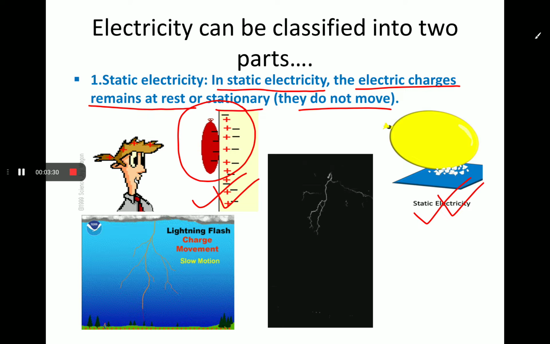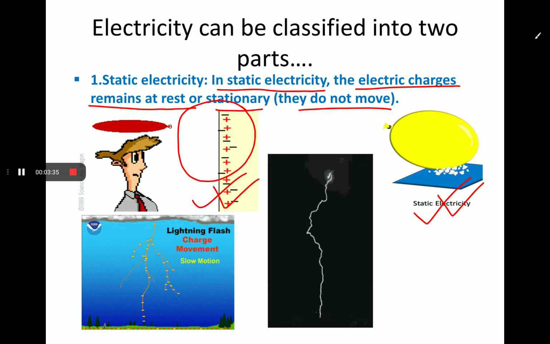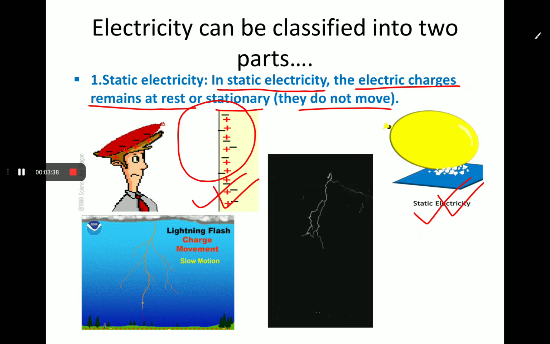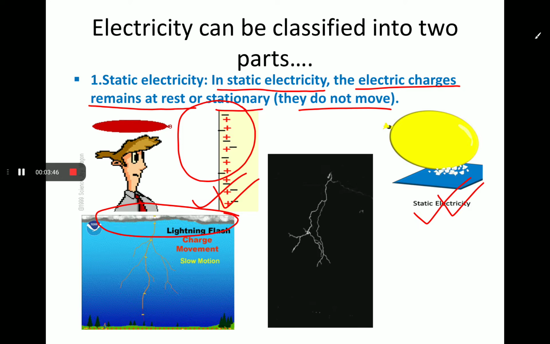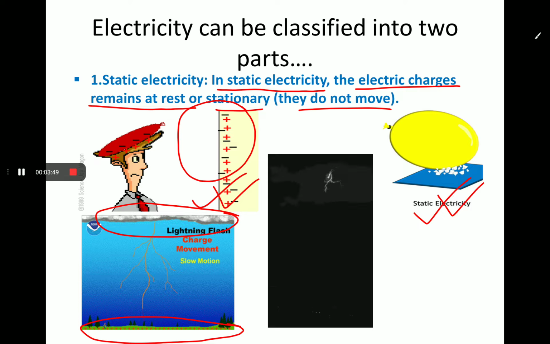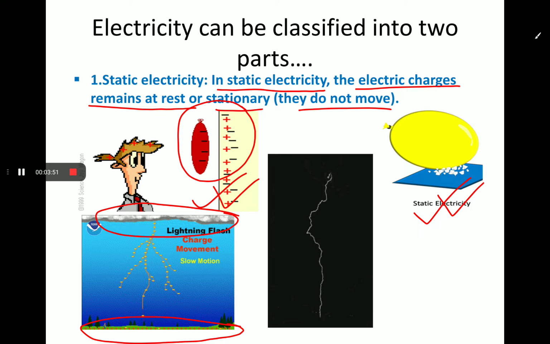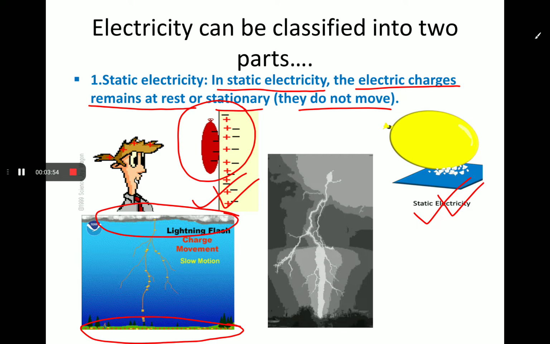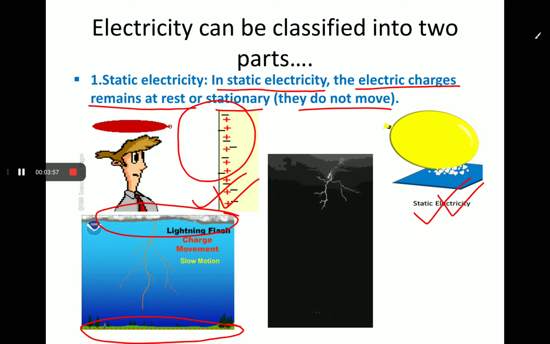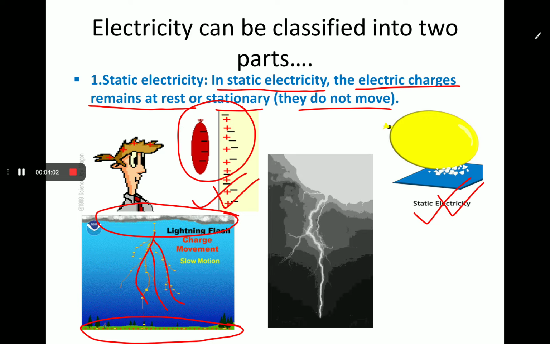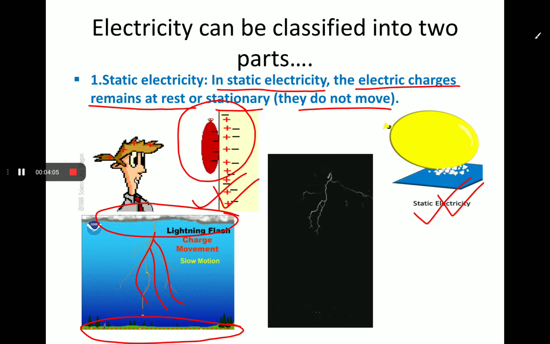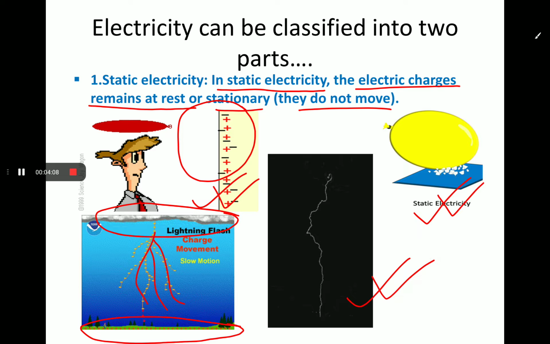Now students, there is a natural phenomenon which is also an example of static electricity. If the difference in electrical charges between two objects, the negative charges and positive charges, builds up enough, then the electrons can jump across the gap between the two surfaces, creating a spark which looks like this.